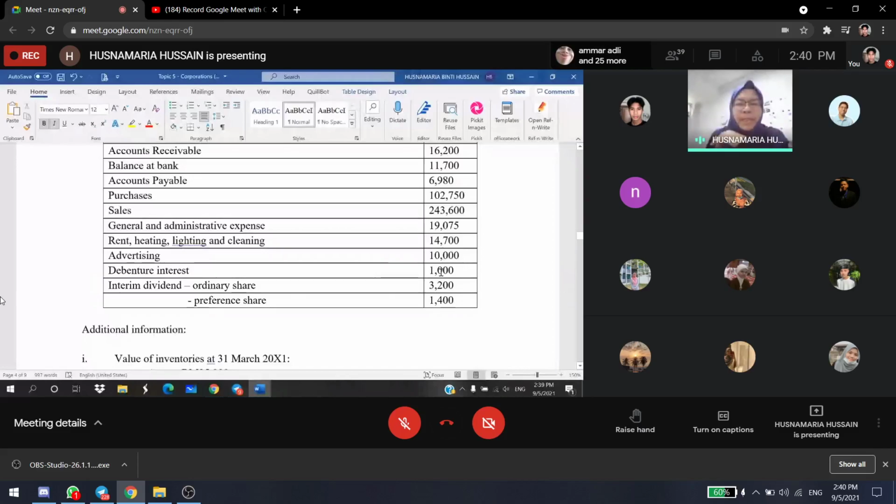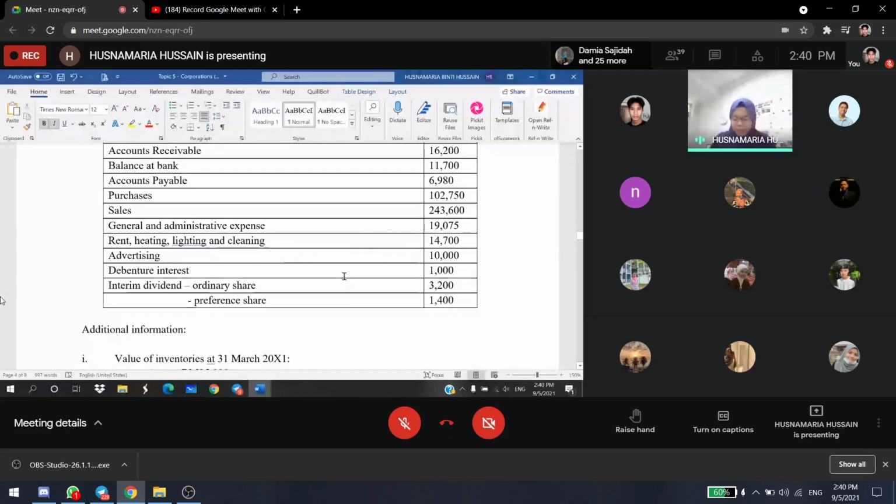Apa yang dekat dalam list meaning you have paid or you have received. So you have paid 1,000. So meaning accrued amount another 1,000. In the SOFP only 1,000 is the accrued amount. Okay, so you have to actually know that one.